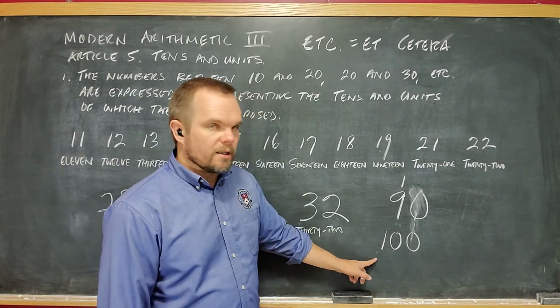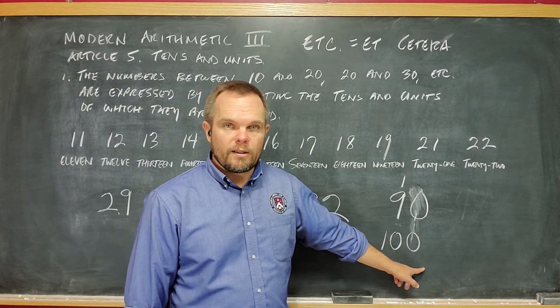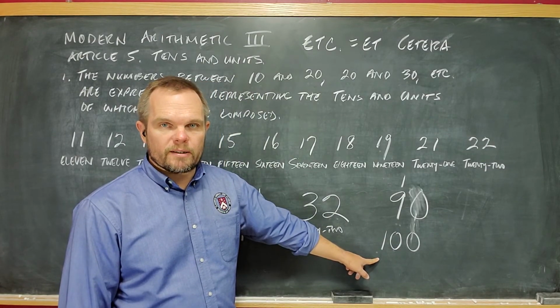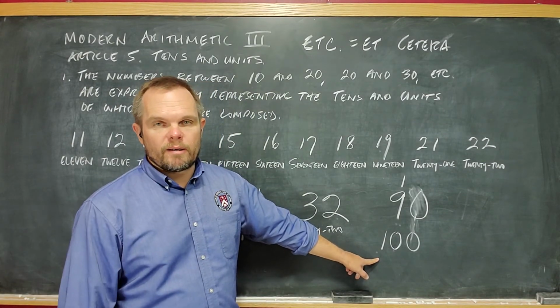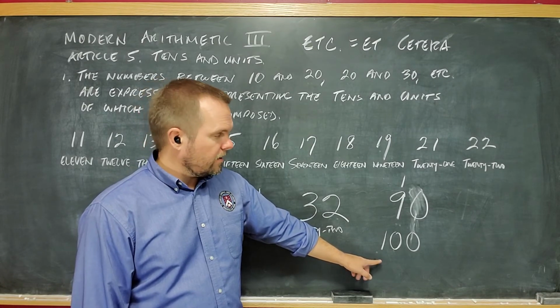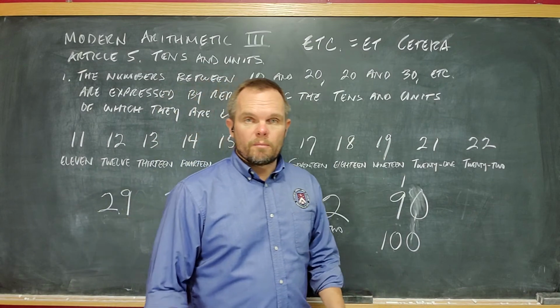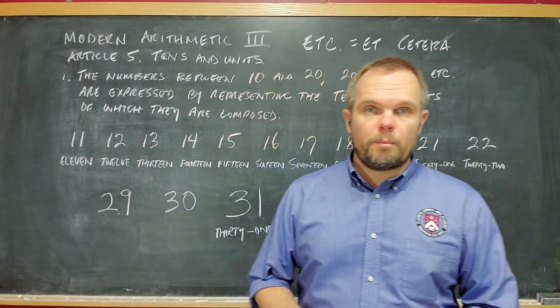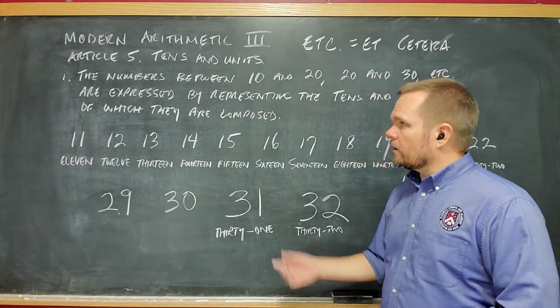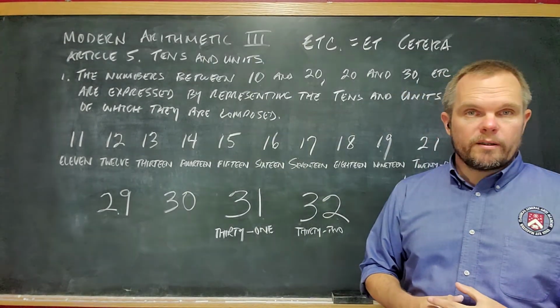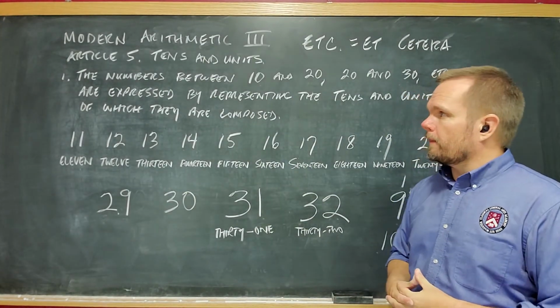This is how we write the number 100. The third place is called the hundreds place. And we'll study that in our next lesson. Okay? But now you can write and read any number from 1 up to 100 once you've studied and mastered Articles 1 through 5. Okay?